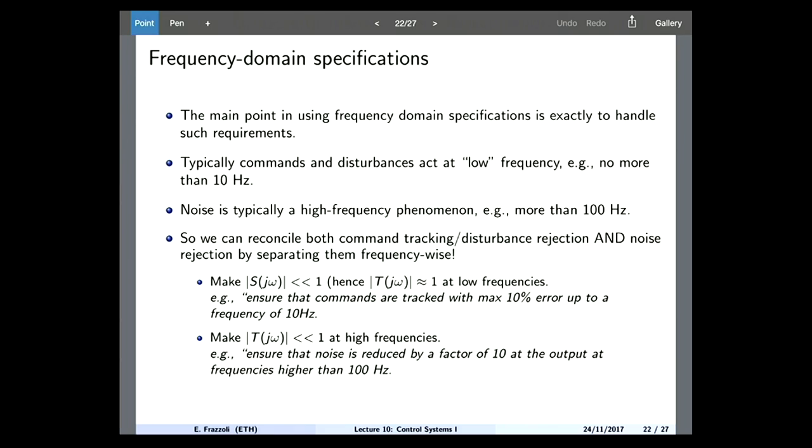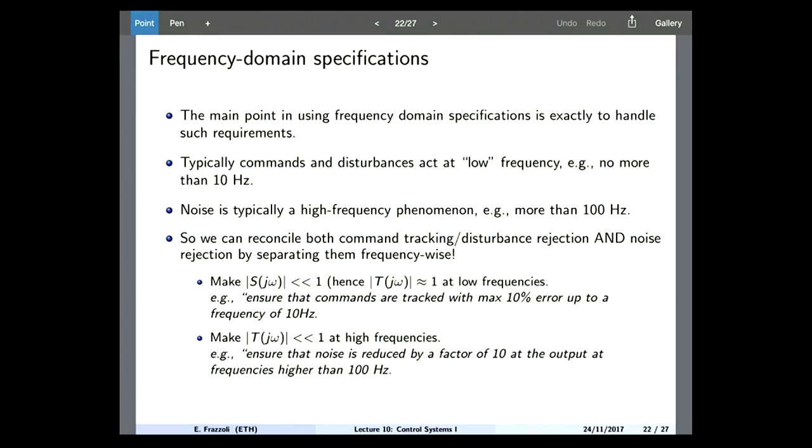Essentially this is saying, just make sure that the commands are tracked with, say, a maximum of 10% error up to a frequency of 10 hertz. It's a very reasonable specification. But then anything that comes into the system at a frequency of, say, 100 hertz or more is not the pilot, it's not the driver.